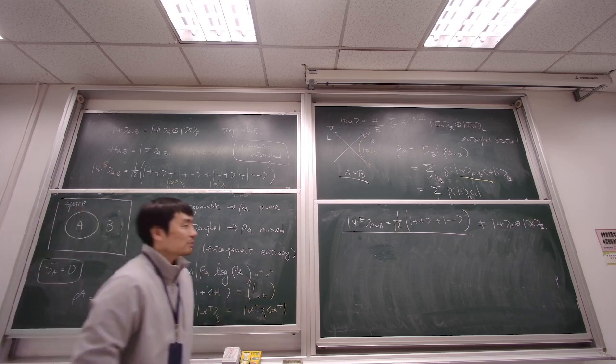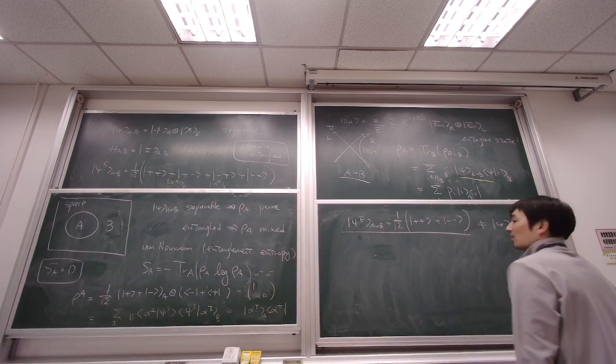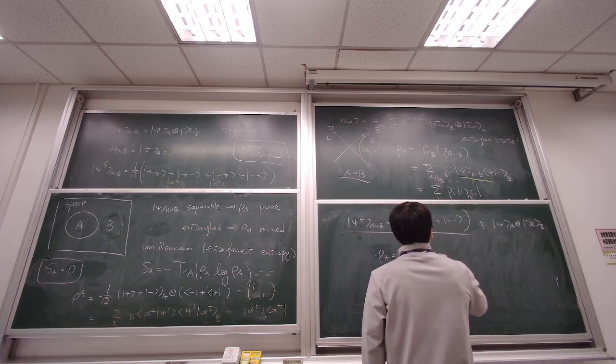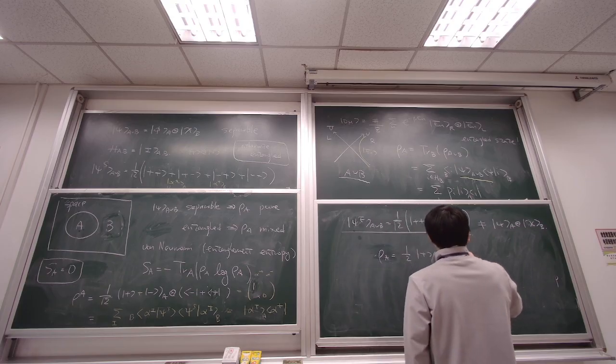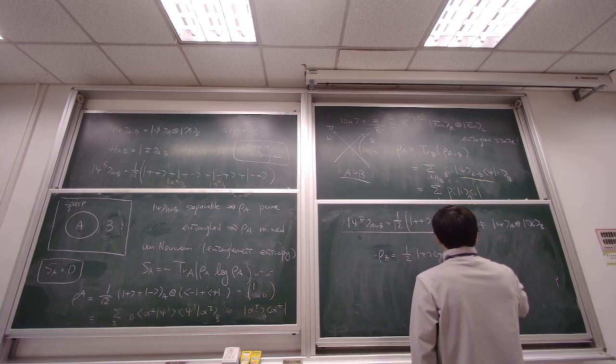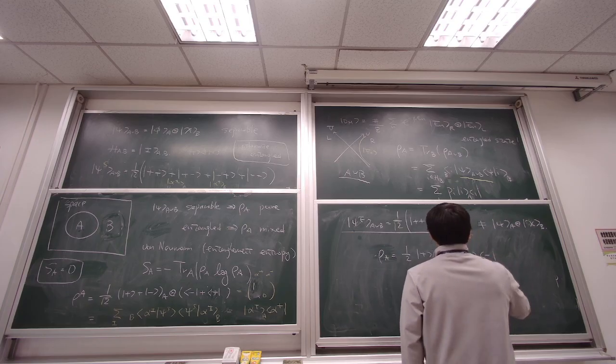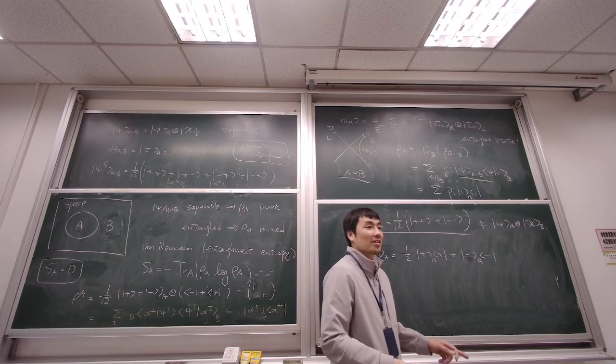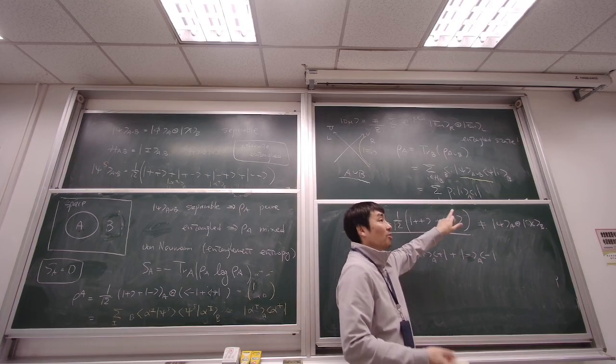Okay, let's do the computation here. Here, I think rho A should be something like 1/2 plus, and then minus in A. That you can easily see, right? So the plus and minus are the basis, a complete orthogonal basis.